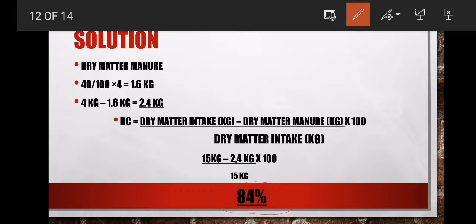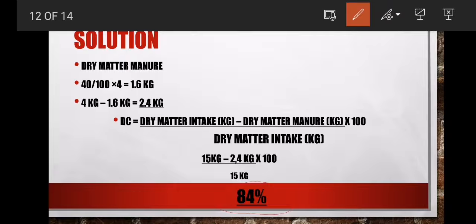Another question they may ask, is the feed a roughage or a concentrate? Sitting mangabe kuyi concentrate, coefficient digestibility, it must be more than 60. If it is a roughage, the coefficient digestibility, it must be less than 60. So when we check here, is it more than or less than 60?